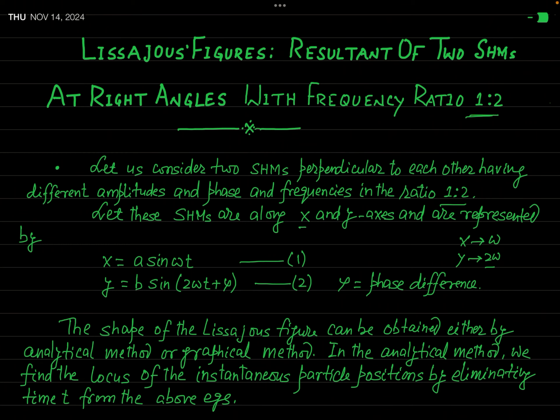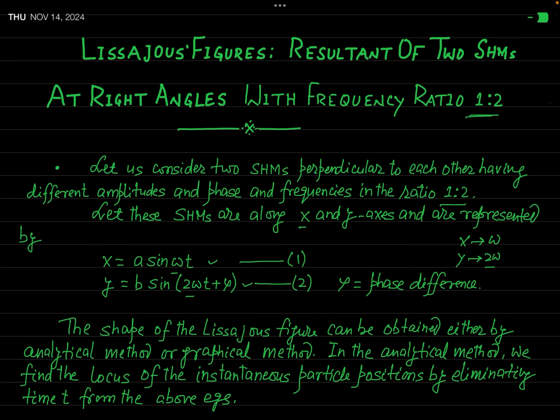So you can represent these two SHMs in this manner: x = a sin(omega t) and y = b sin(2 omega t + phi). You can see here the frequency of the SHM on the y-axis is 2 omega, while the frequency of the first SHM along the x-axis is omega.